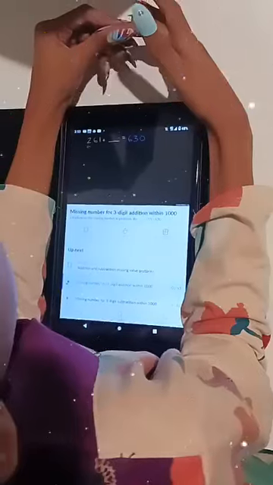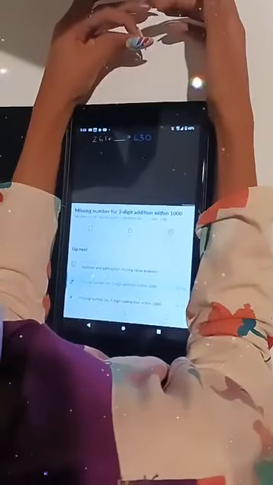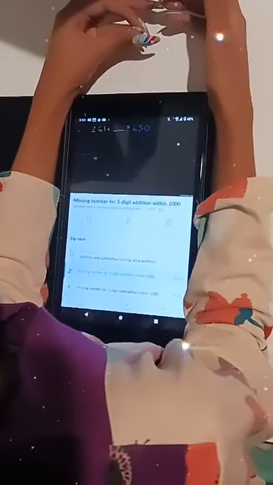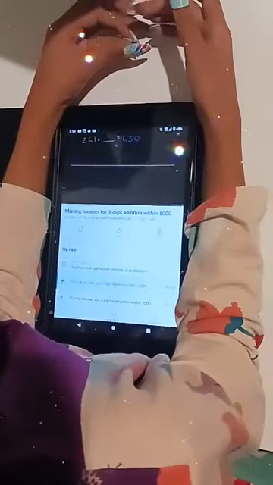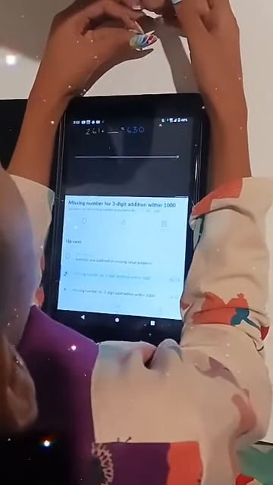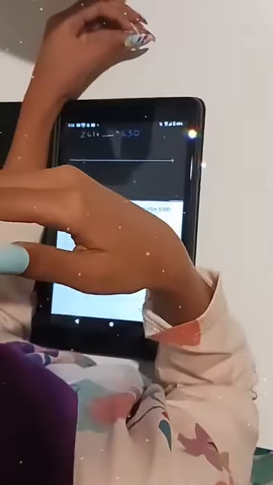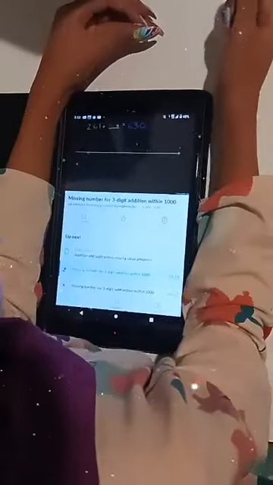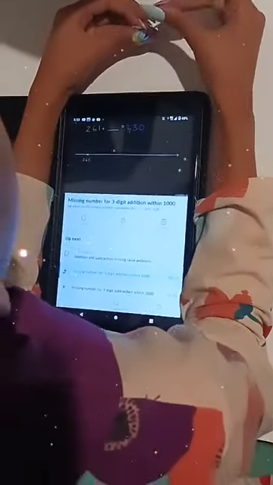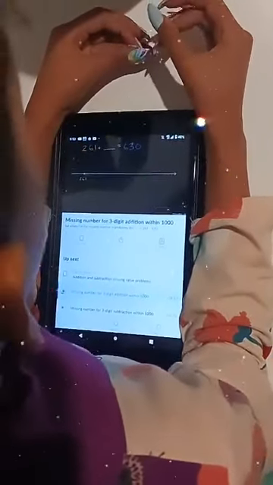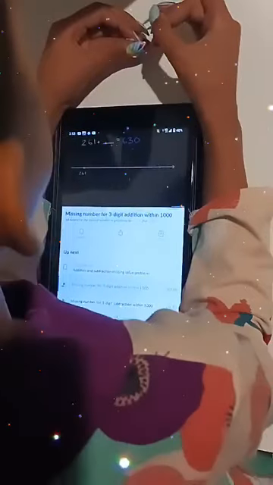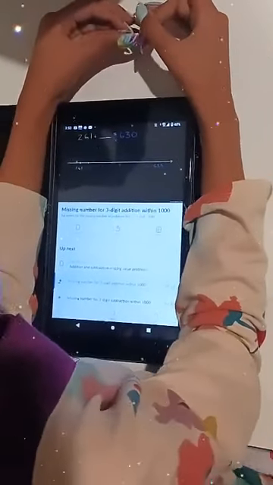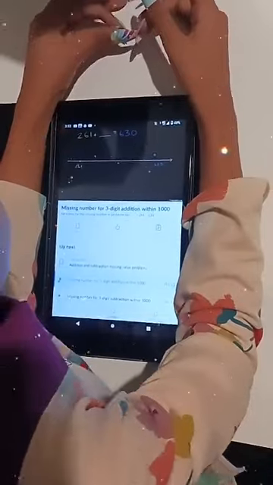So I'm going to, let me draw my number line again. So there's my number line. And I could start at 261. this time I'm starting at 261. 261. And I want to get to 630. And I'm going to get to 630. And the amount that I add is going to be the blank.